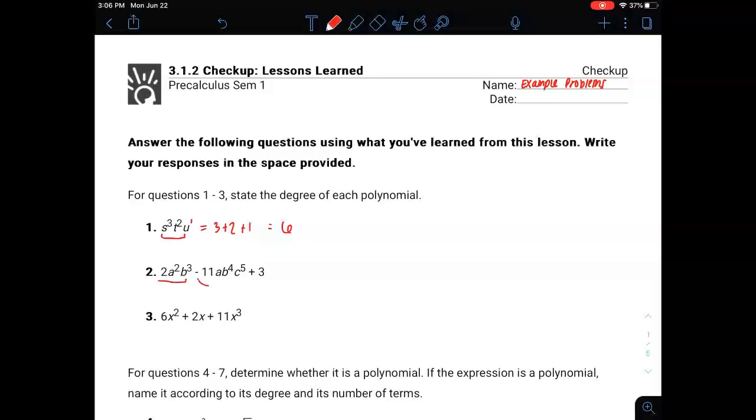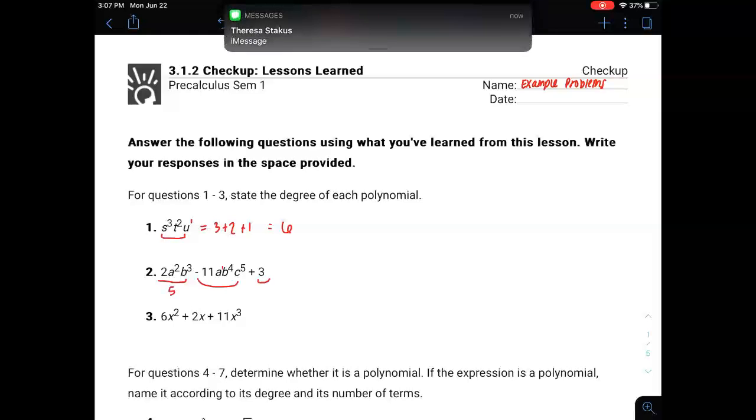When I am looking at something like this, I've got one term here, and one term here, right? And so in order to figure out the degree of each polynomial, I have to figure out what the highest degree out of all of those terms is, right? So in this first one here, I have 2 plus 3, right? So the degree for this term is 5, right?